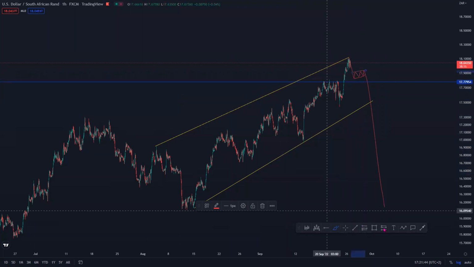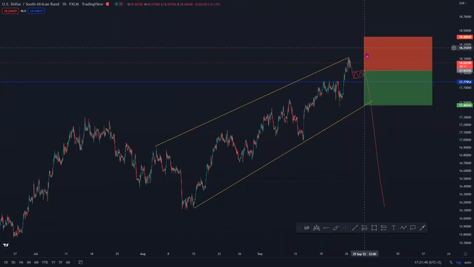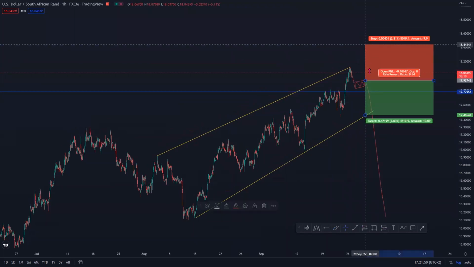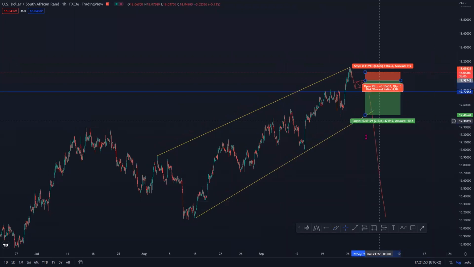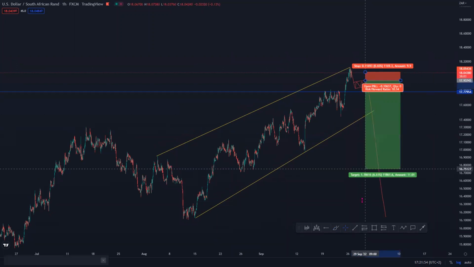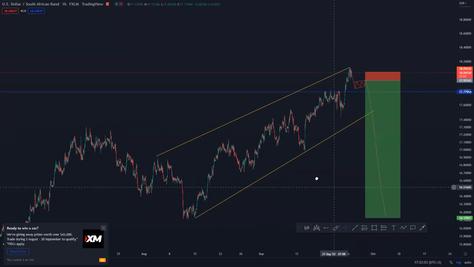You take a risk entry. This is my risk entry, and my take profit is going to be here, on the 90% rule of the structure.